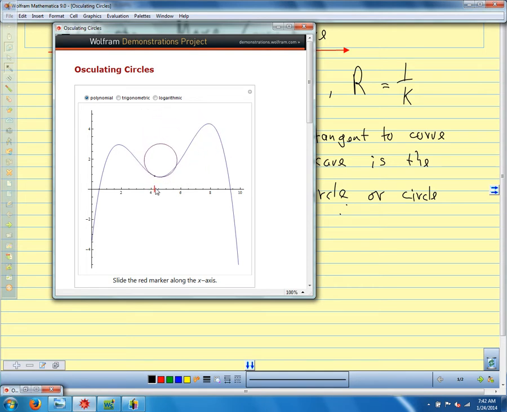As we're in a more curved part, the curvature gets larger, our circle of curvature gets smaller, radius gets smaller. At inflection points, it's going to change. And our osculating circle is always on the concave side of the curve.